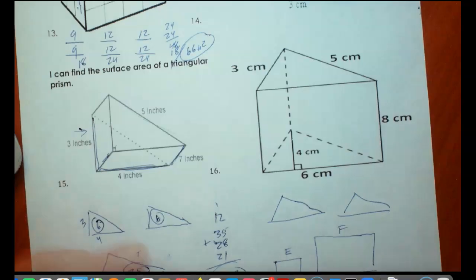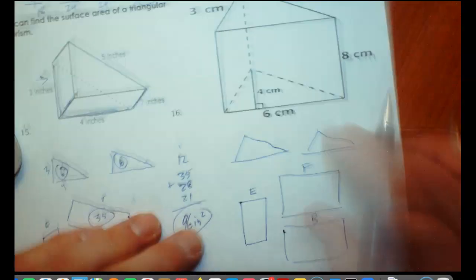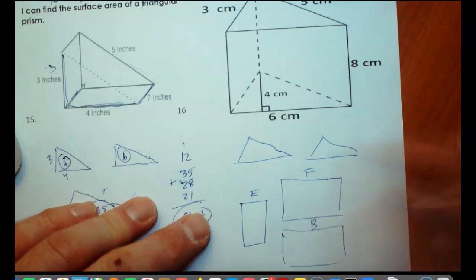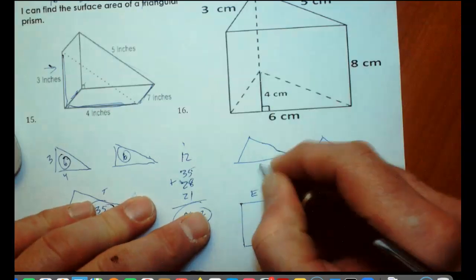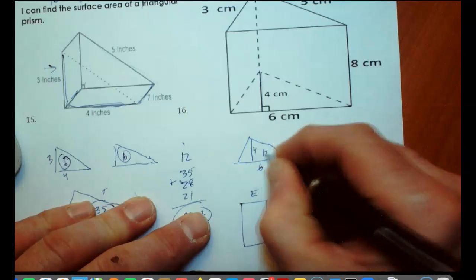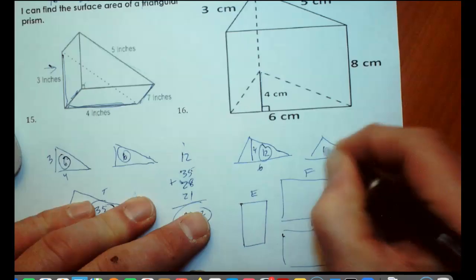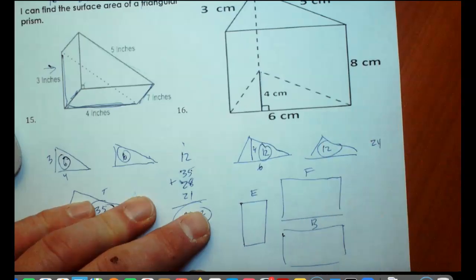So let's do the triangles first, so you can see a little bit better. The triangle has a base of 6 and a height of 4. So 4 times 6 is 24, but when we divide it by 2, each triangle will be 12. So there is 24 altogether for the triangles.